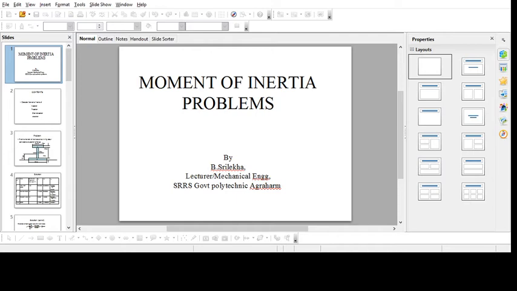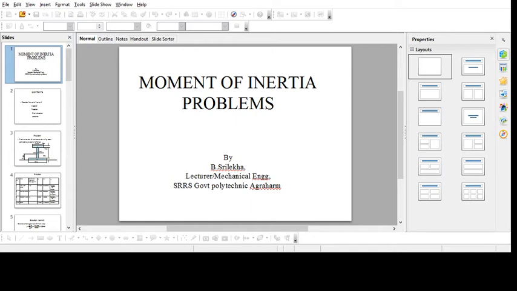Next, the distance of the centroid from OY, nothing but x bar. So x bar equal to, we know that it is simply the summation of the moments of areas by the summation of the areas. It is a1 x1 plus a2 x2 plus a3 x3 by a1 plus a2 plus a3.